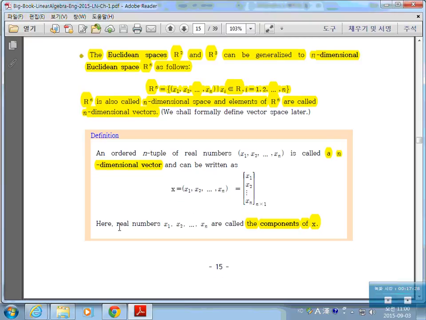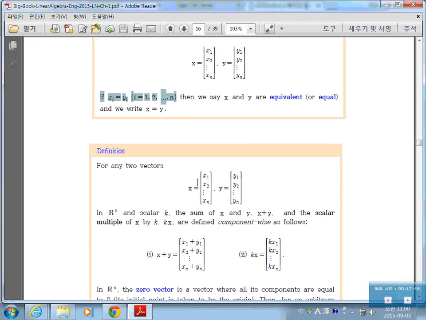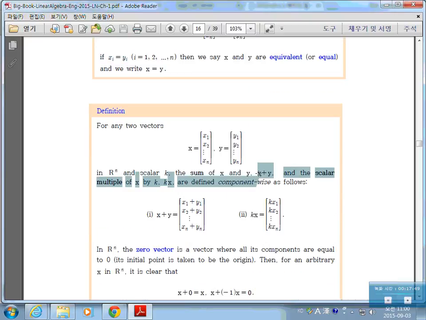The real numbers xi are called the components of the vector x. Two vectors are called equivalent or equal if each component is the same. Vector addition for two n-dimensional vectors and scalar multiplication of an n-dimensional vector x by scalar k can be defined in this way, like what you did for vectors in R2 and R3.